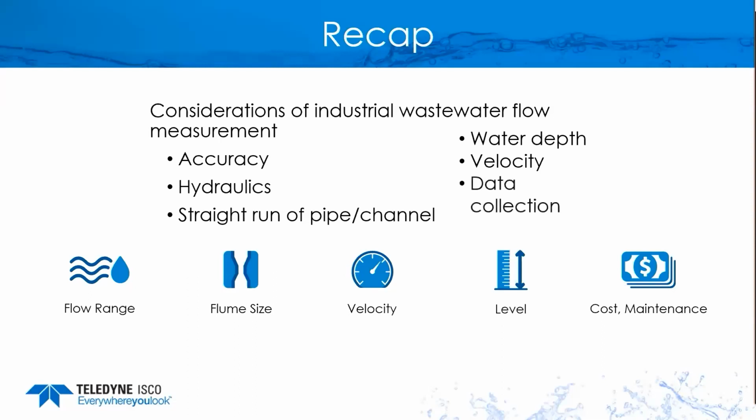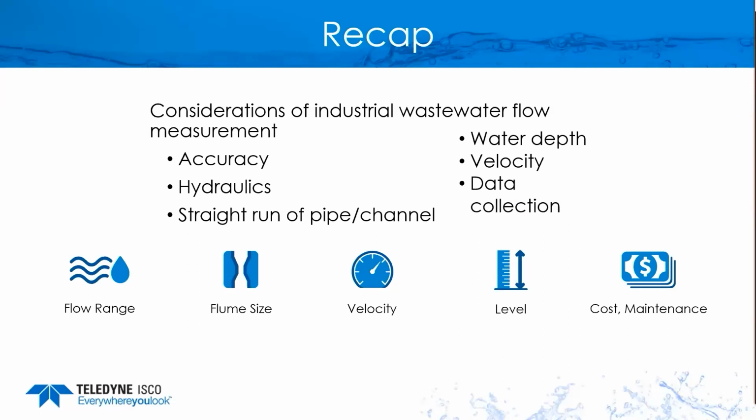Then you need to consider your data collection. How are you going to collect your data? It's going to be analog output, manual download, send the data to the cloud. You've got a lot of different options to consider. And last is the cost and maintenance. So pick your sensor or your flume based on how much maintenance is going to be involved, and what's the cost to install it, and what's the cost for the actual maintenance.